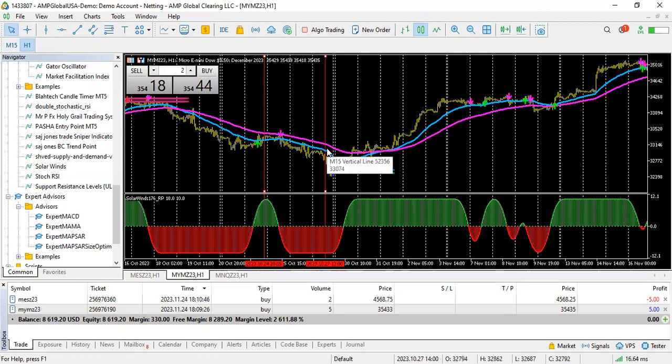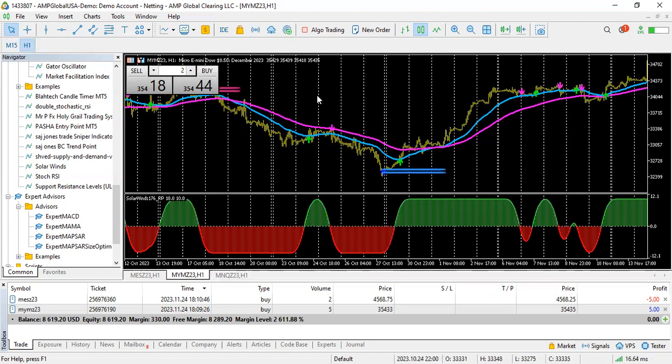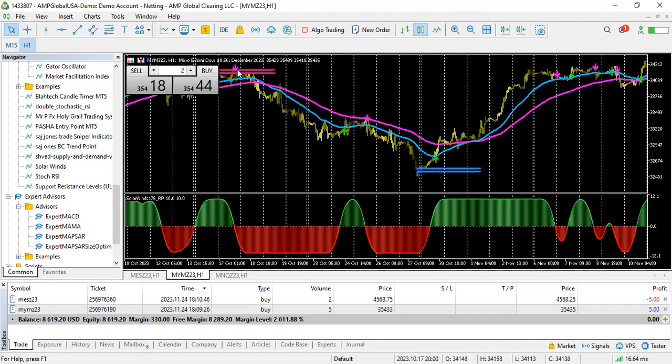Now, as you notice, this is why it's important to follow the arrows on the hour time frame too, because look, we got our sell arrow here. The sell arrow kept going down for these many days on the hour time frame, and then there was a pullback arrow here. So you got an hour pullback arrow. That hour pullback arrow went here. Then we got another sell arrow here, and the market went down.